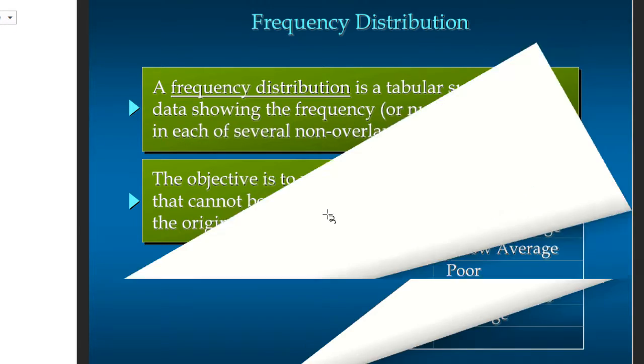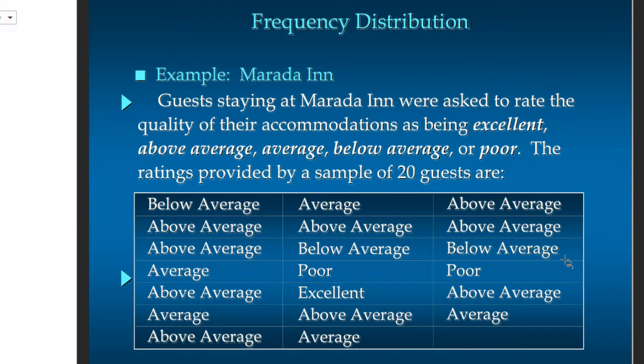So, this is an example. Let's say Ramada Inn, this hotel, had 20 guests, and when they were checking out, they all gave feedback, right? Some of them said it's below average, some said it's excellent, some said above average, some said poor.